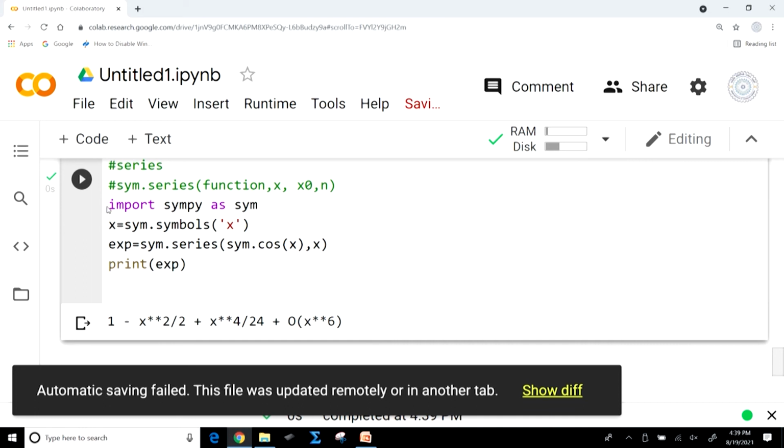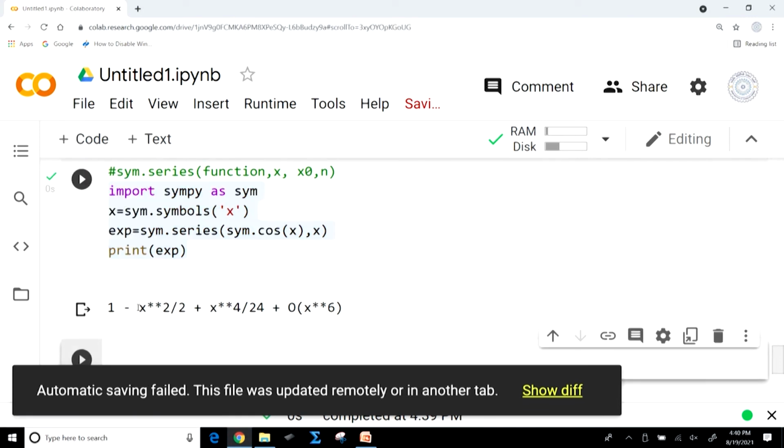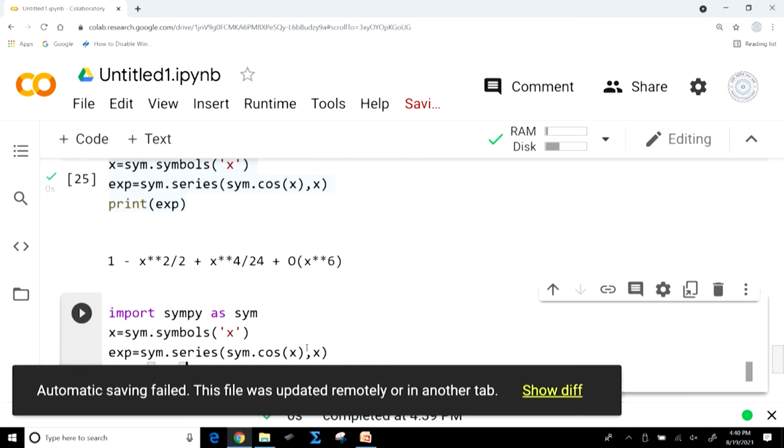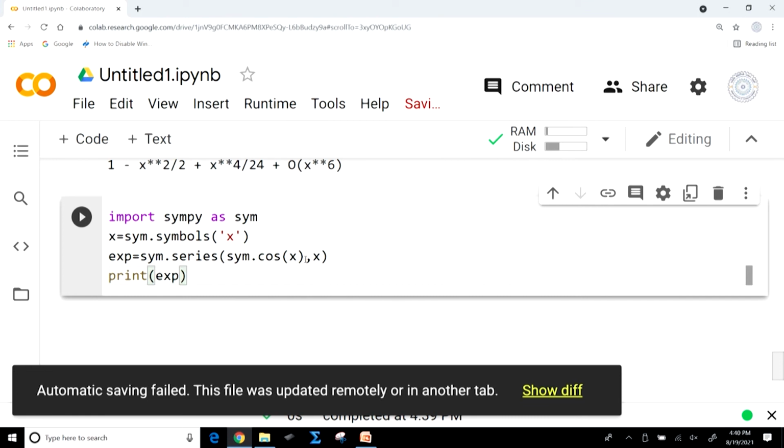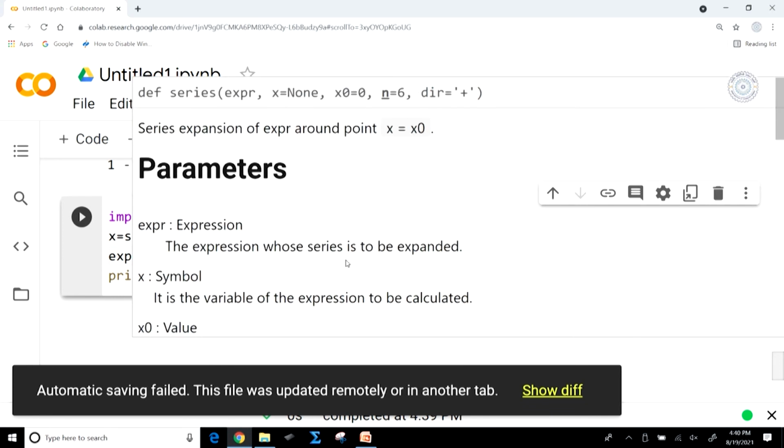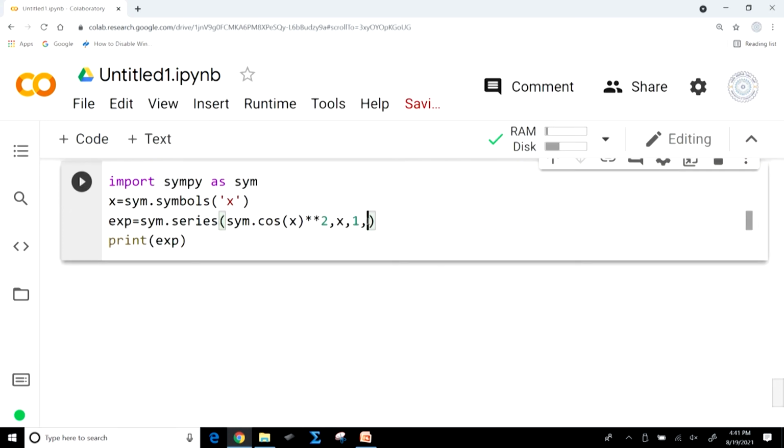Okay. Now, suppose you want to expand another function, maybe you can write here cos square x, for example, at x naught equal to 1 and up to order 4.